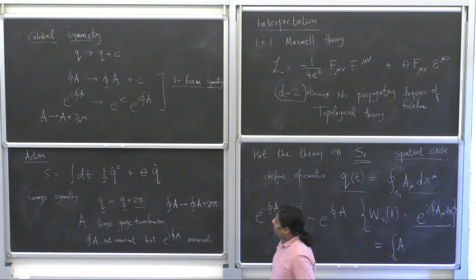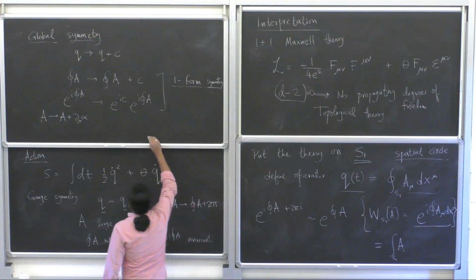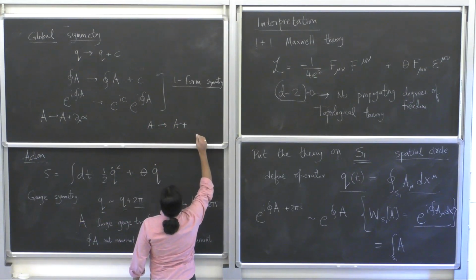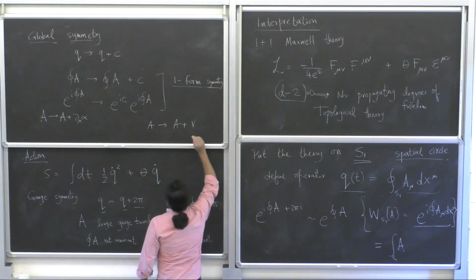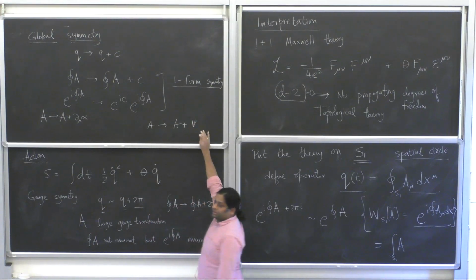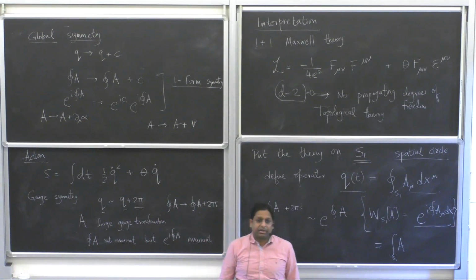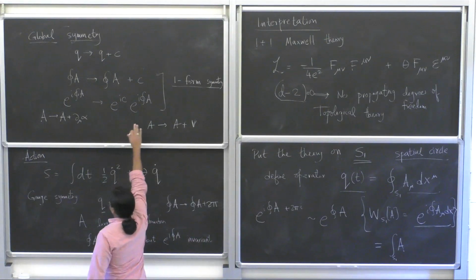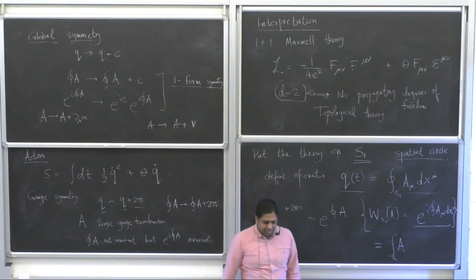An equivalent way to say it, in form notation, is a shift of A by a constant one form parameter. But in terms of Wilson lines and loops, that's what it says.